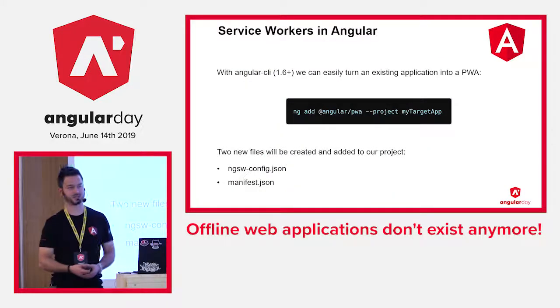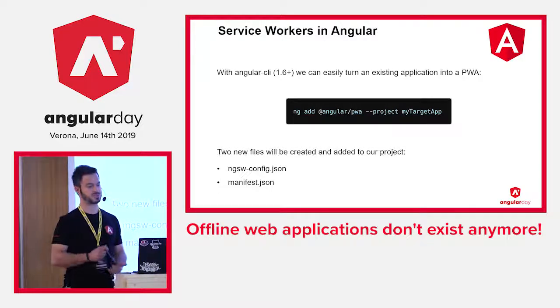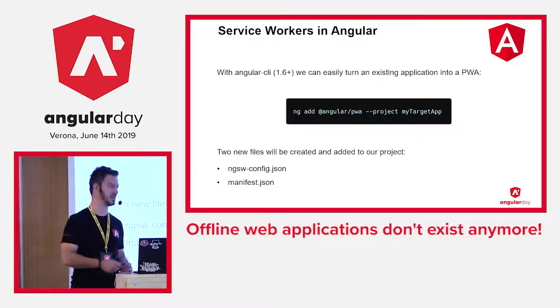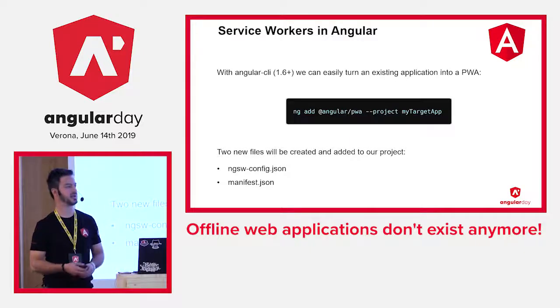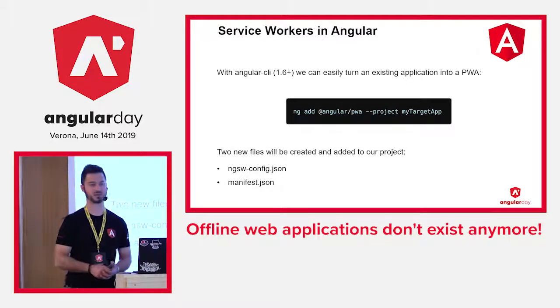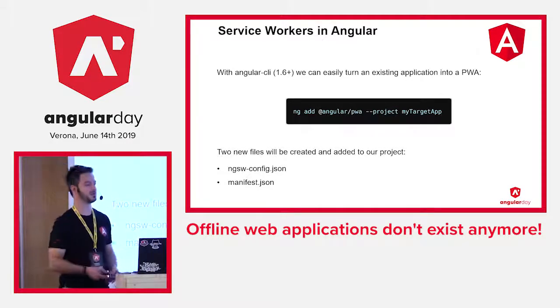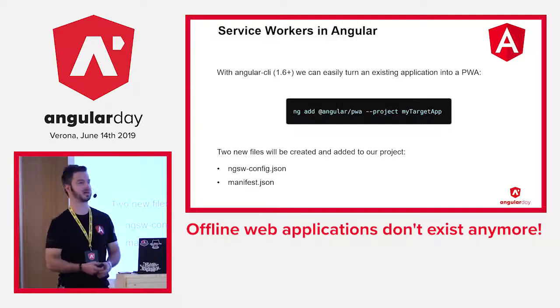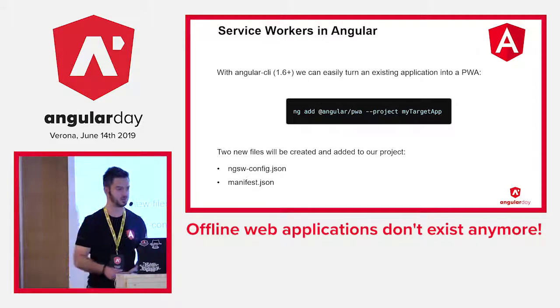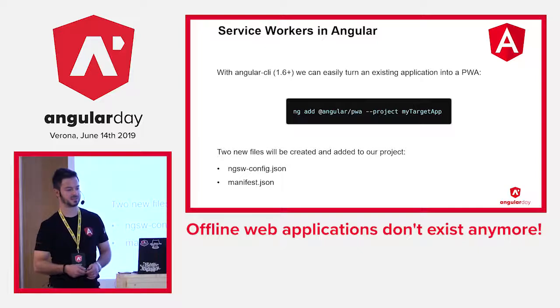But since we are here to hear something about Angular, Angular also provides, since version 1.6 of the CLI, through schematics, a way to inject progressive web app capabilities into an existing Angular application. So now we are already very proficient with schematics after Thomas' talk, so we have no worries about that.